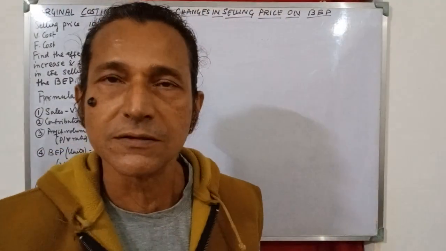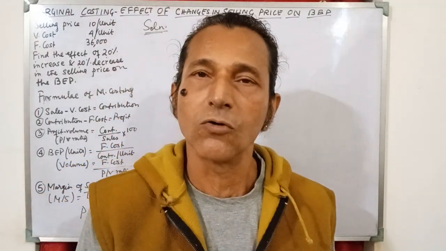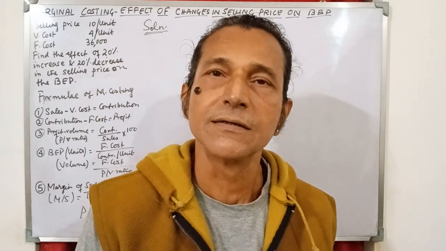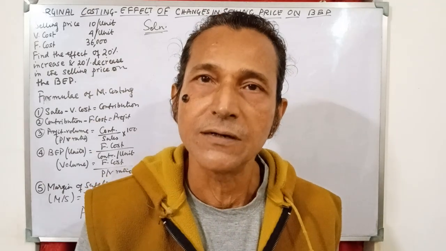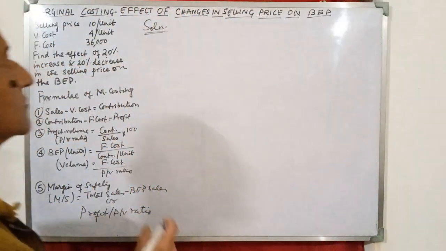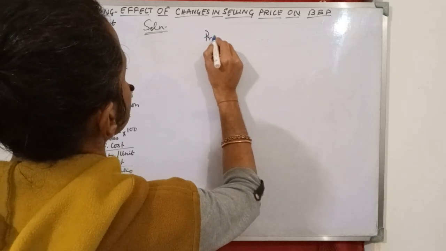We shall make 3 columns, one for the present situation, one for 20% increase in price, and finally the third one for 20% decrease in selling price. So first, present.